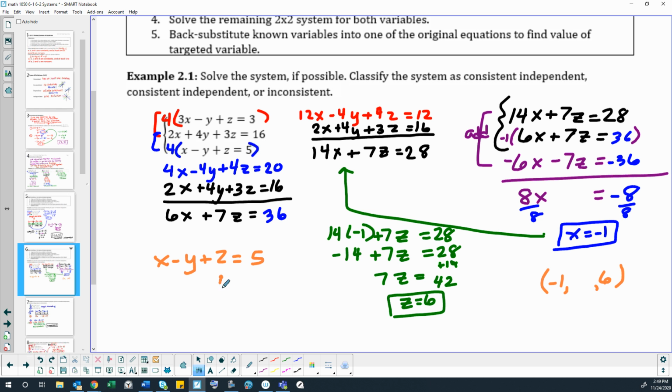So I plug in the 6 for z, and I plug in the negative 1 for x. So negative 1 plus 6 is 5. So then I would subtract 5 from both sides, and I get negative y equals 0, which means y equals 0. So that y value is simply 0, and there is our solution set.